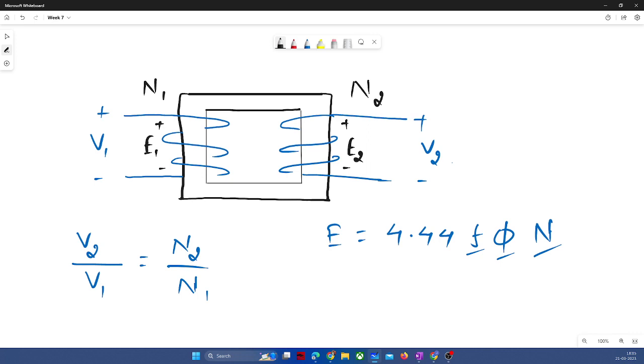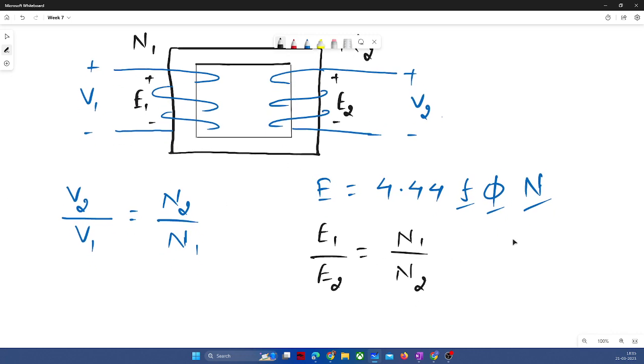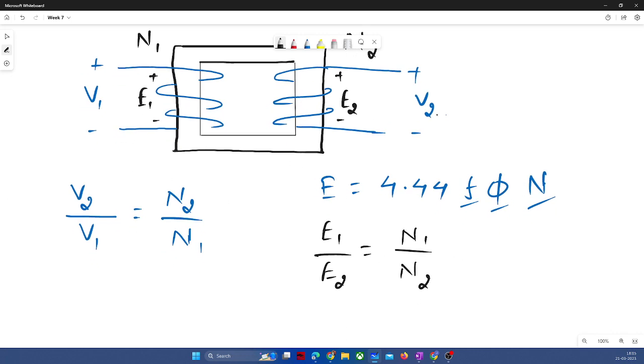And from this formula only, we can write E1 by E2 is equal to N1 by N2, given the condition that our frequency and flux in the core are constant, right? Then only we can say that this relationship will be valid.